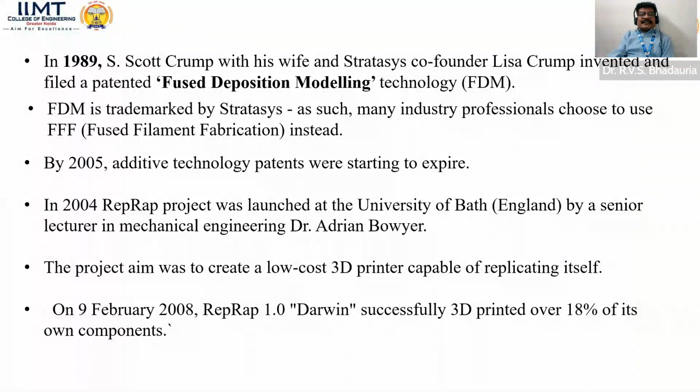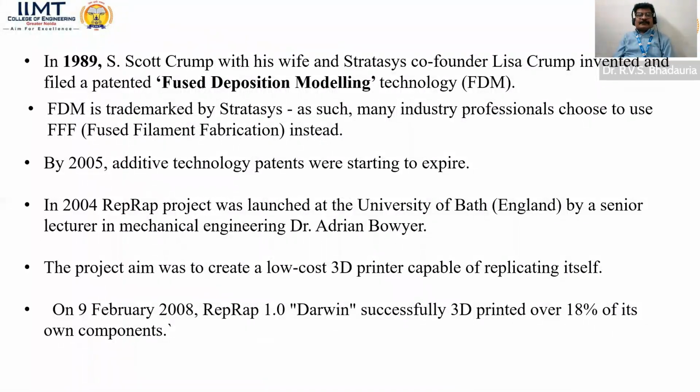And in 1989, S. Scott Crump, with his wife and Stratasys co-founder Lisa Crump, patented fused deposition modeling. This is a new name, a new technology, after SLA and STL. Now this one is FDM, fused deposition modeling. This FDM is not frequency division multiplexing.